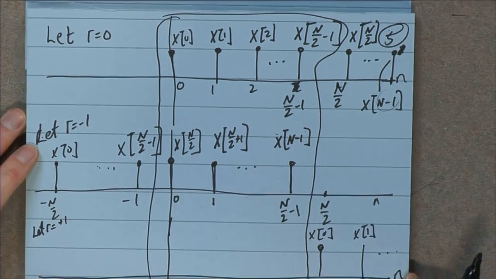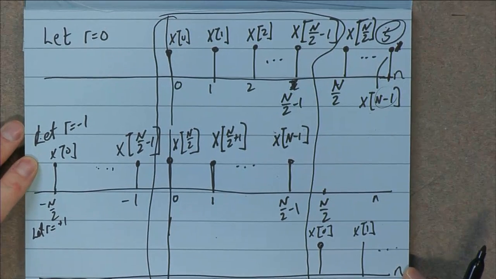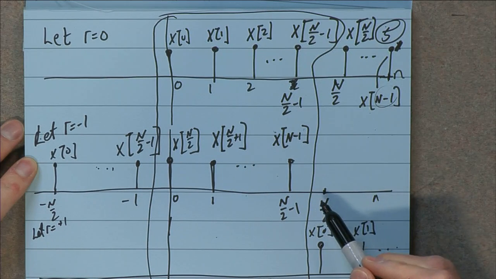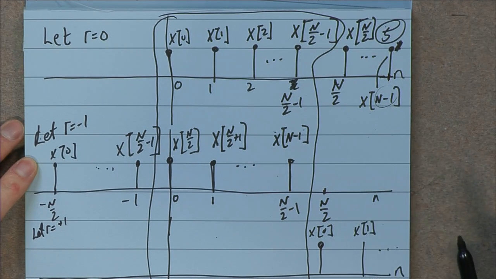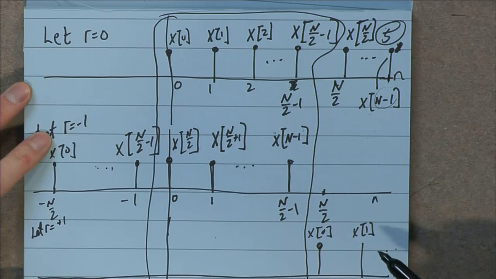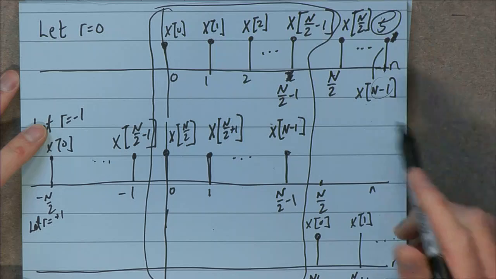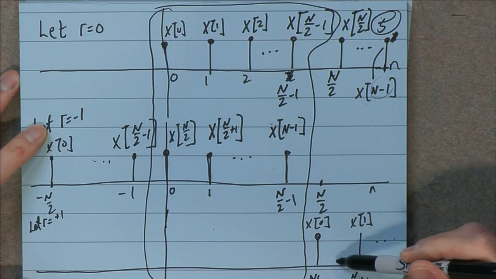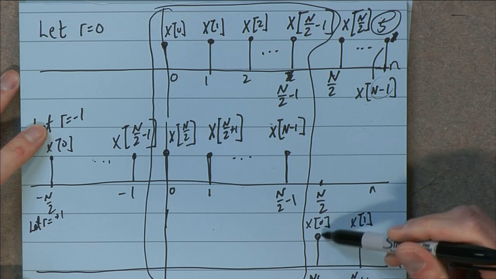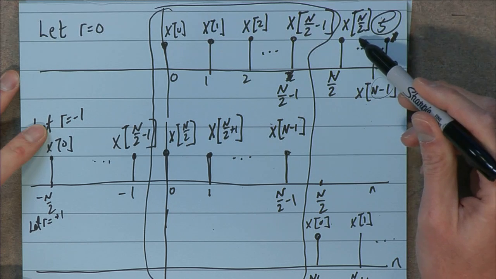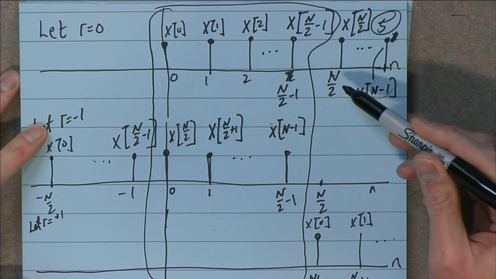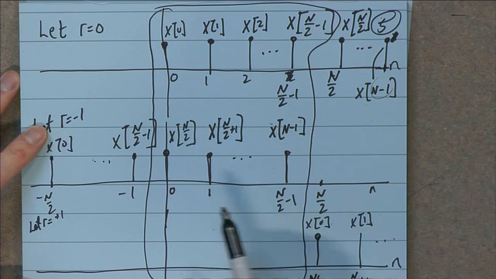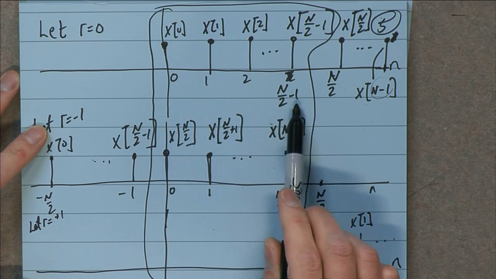First of all, it sort of folded the sequence back on itself, and it's made it periodic with period n over 2, which it has to do. And you can kind of see that if you look at our diagram here, because it starts at x0 plus xn over 2. Well, if you look way out here, when it starts a new sequence, there's x0, there's xn over 2, right? And they're starting at n over 2. So the sequence is periodic from 0 to n over 2 minus 1.